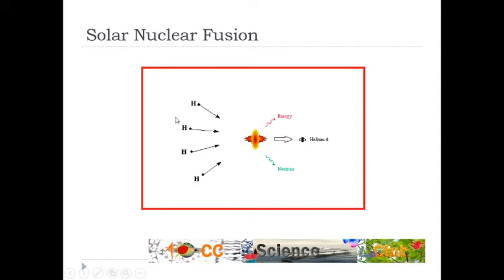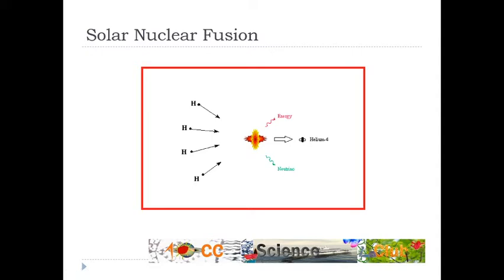So 2 of these protons have converted to neutrons, and all these have combined to form one nucleus of helium under the high temperature and pressure conditions of the sun. In the process a lot of energy is given out that reaches us as light, and neutrinos are also given out.